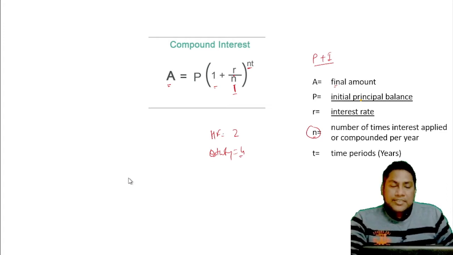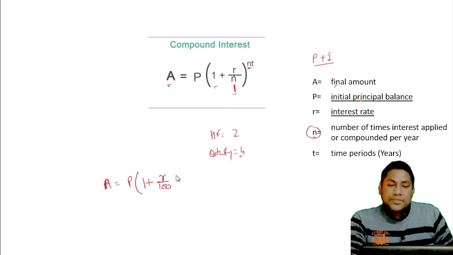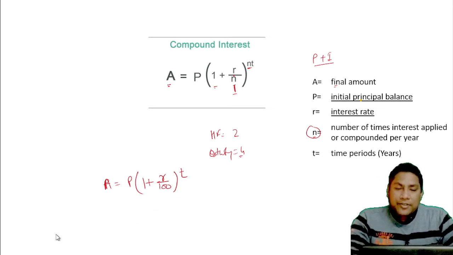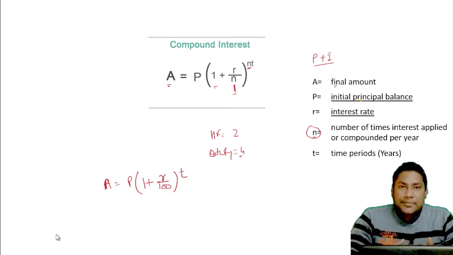If the rate of interest is given annually, the formula of amount will be principal, in the bracket 1 plus r divided by 100, that is rate percentage, bracket close, to the power t. T stands for time. So friends, this is the formula to take out the amount.